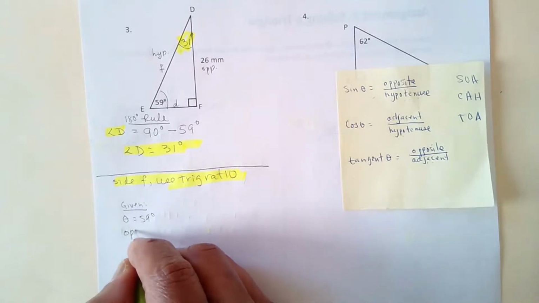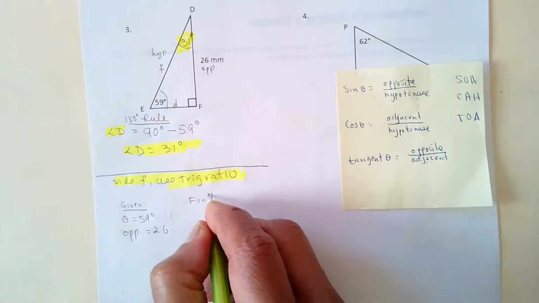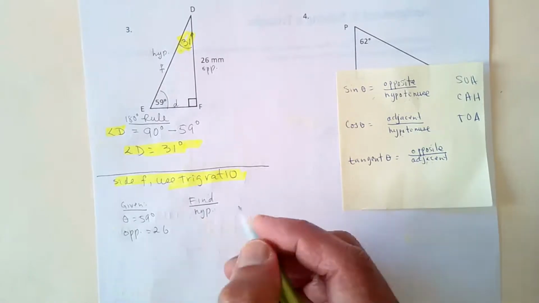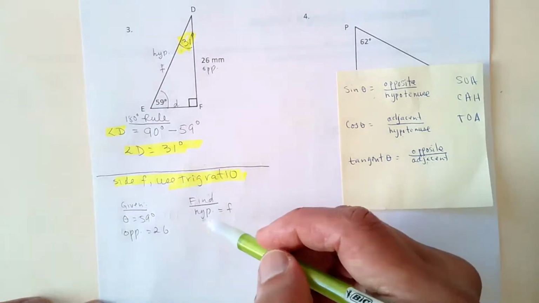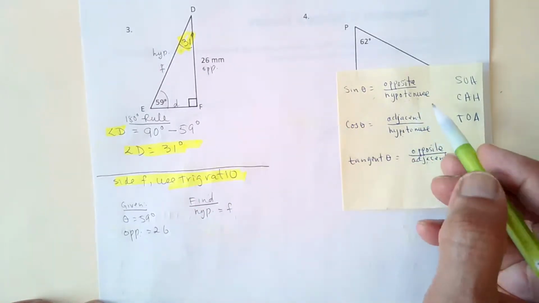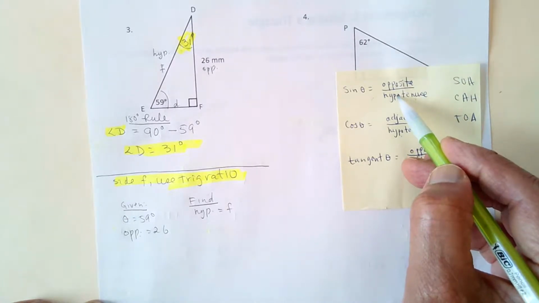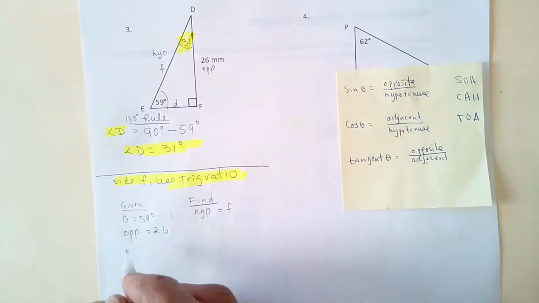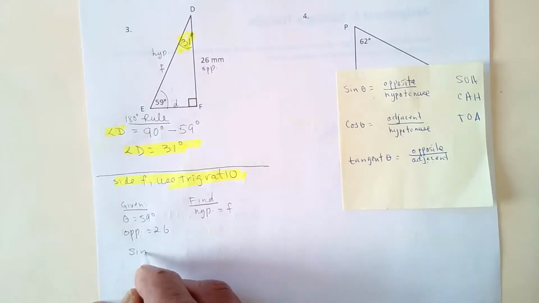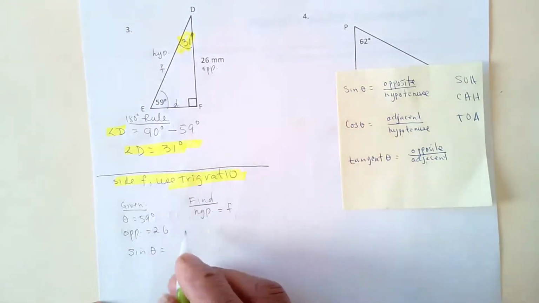So opposite equals 26, and we need to find the hypotenuse, which is side F. So where we have hypotenuse and opposite, it would be sine. So we'll use the sine. So sine theta is opposite over hypotenuse.